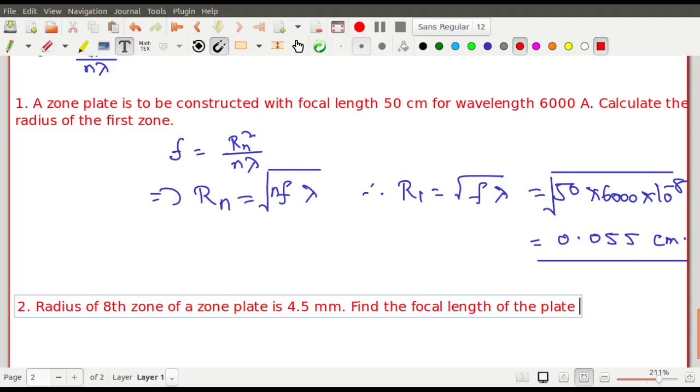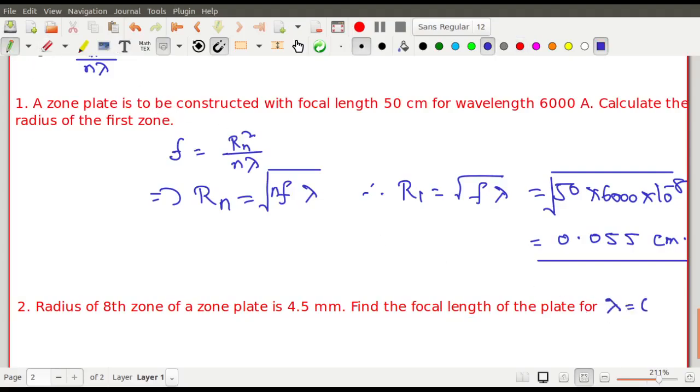Find the focal length of the plate for lambda equal to 650 nanometer.